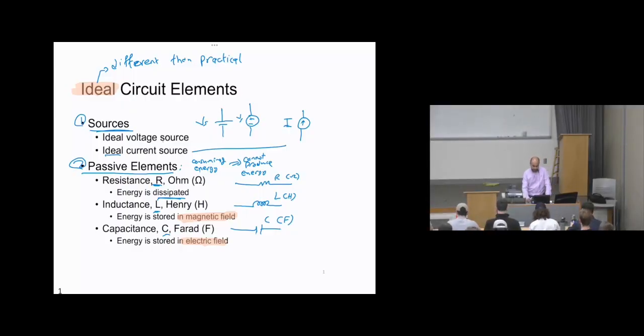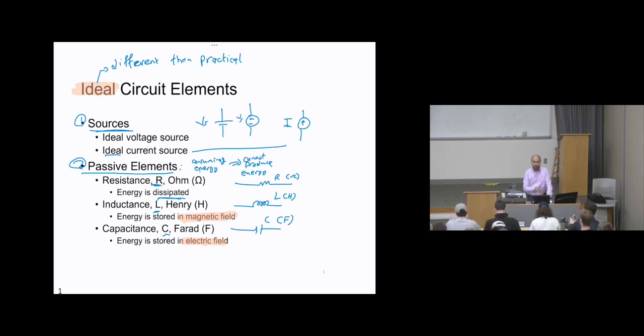So today's lecture, we will continue on ideal circuit elements. The last lecture, we already started with this section. Circuit elements can be either sources or elements that consume power, which we call passive elements.